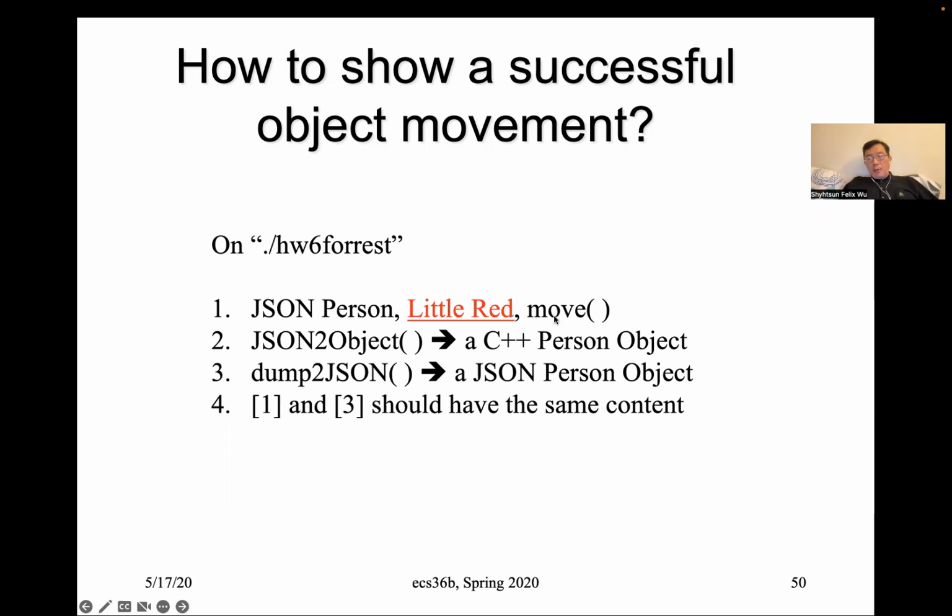So the first thing is that your function move in HW6 forest.cpp should be called by RPC, remote procedure call, to call this move. And in this move, one of the arguments should be a JSON person representing little red. That is moving a person.